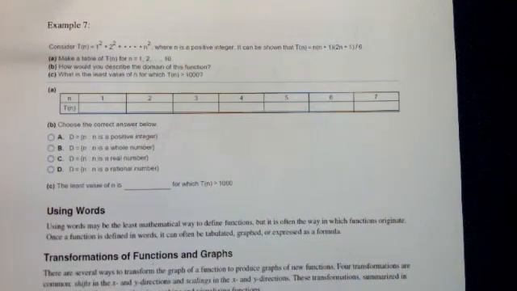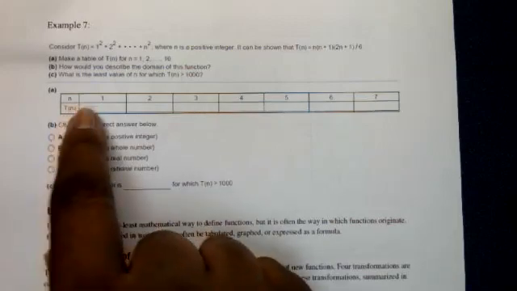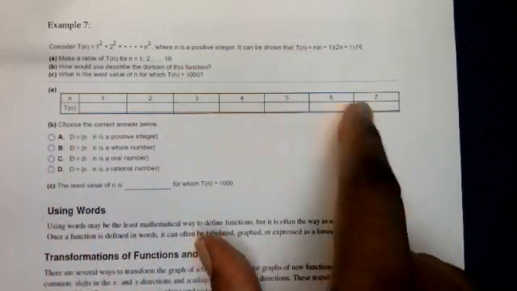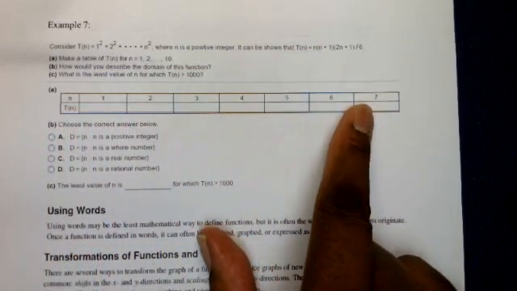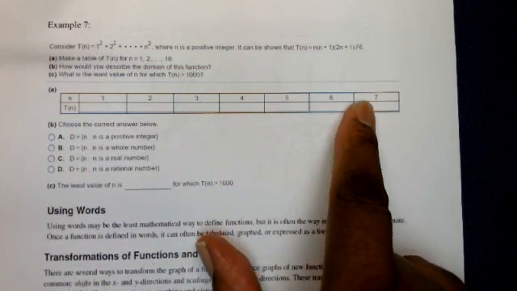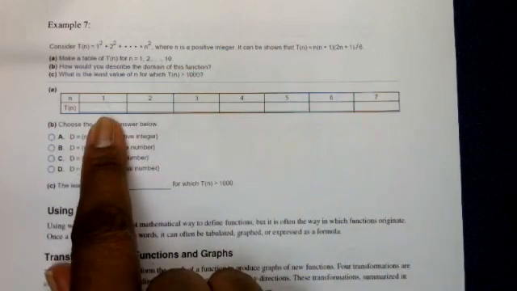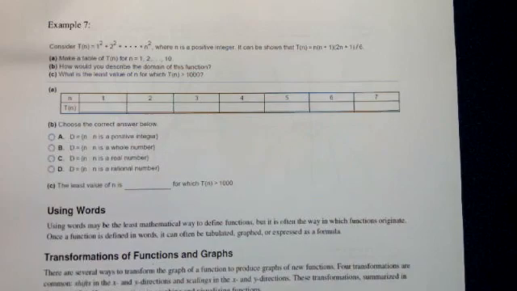Let's say I want to make a table of T sub n for n equal to, in this case, up to 7. Now, we'll just use that to come up with our values for T sub n.